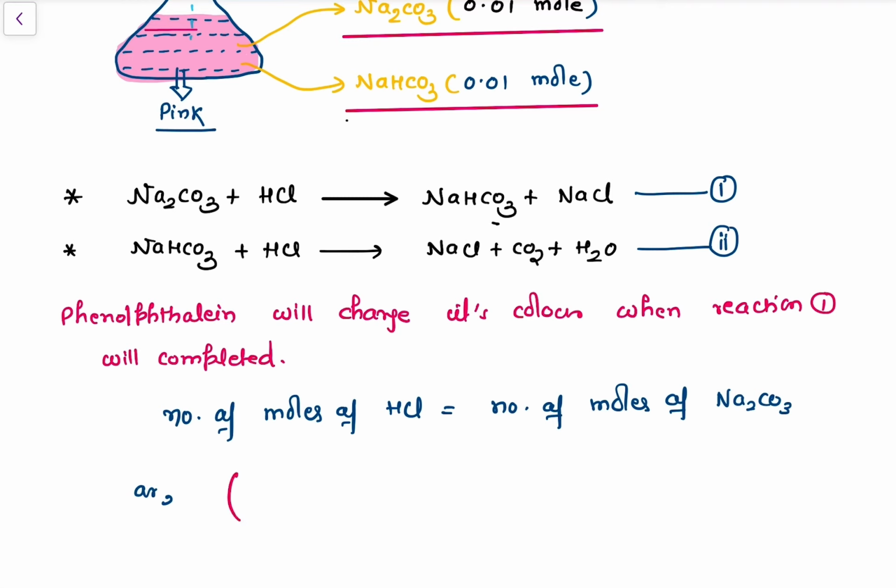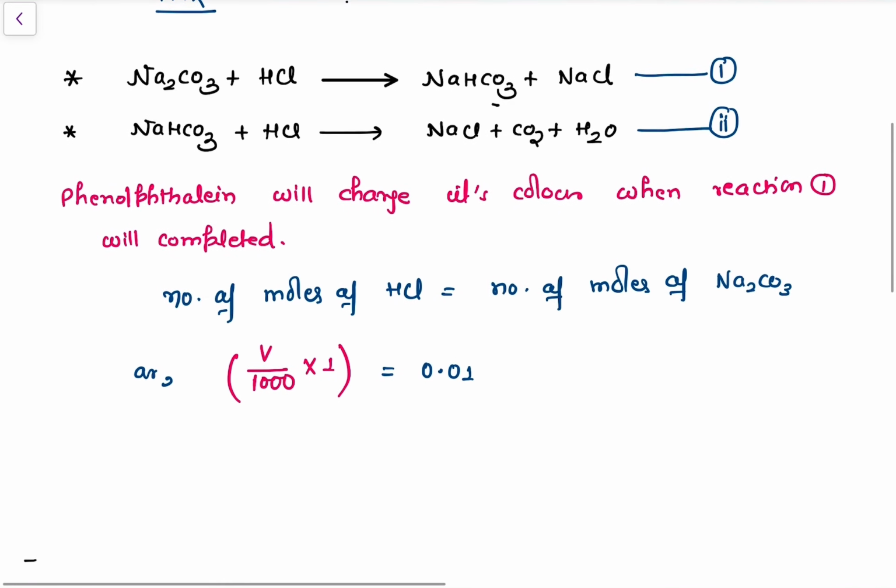Then the number of moles of HCl required is V by 1000, which is the volume of the HCl required in liters, multiplied by its molarity, and that will be equal to 0.01, which is the number of moles of sodium carbonate.